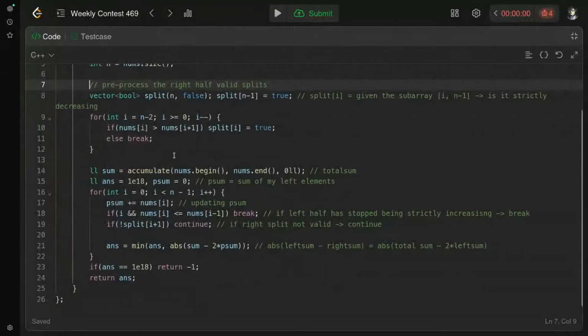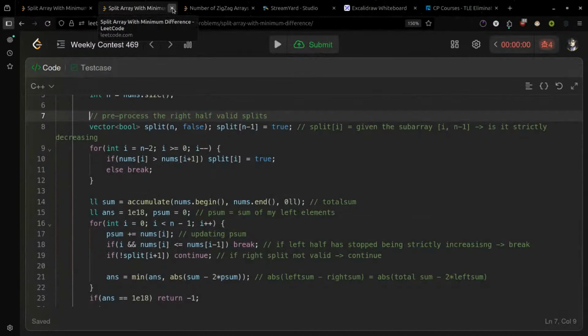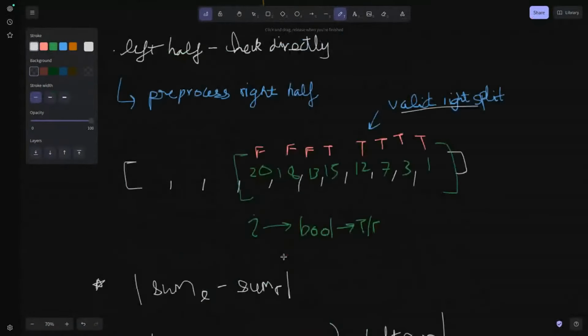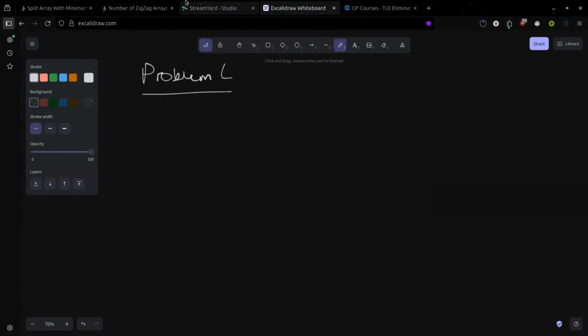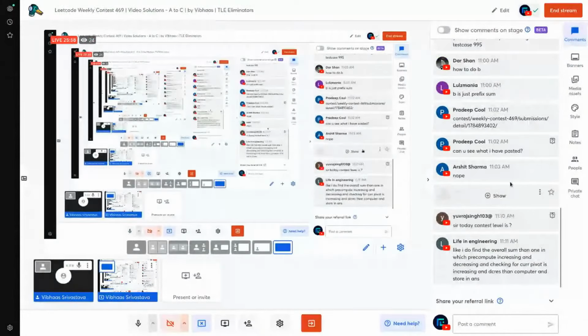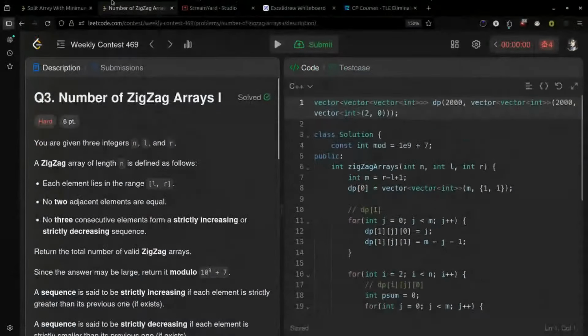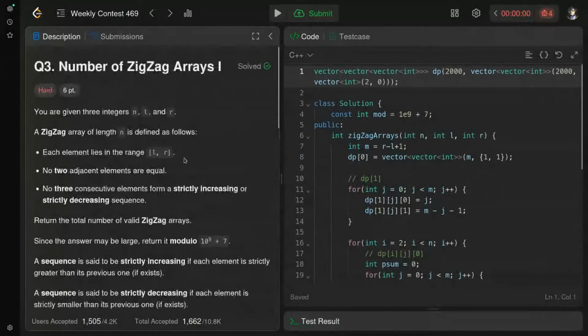Okay, so let's move on to the third question now. Problem C. Number of zigzag arrays.